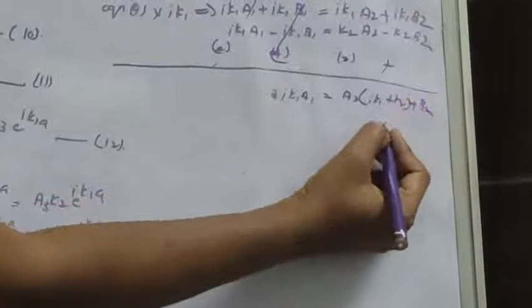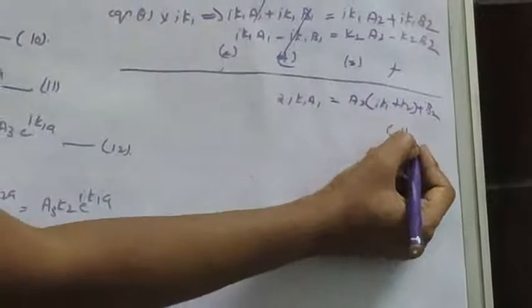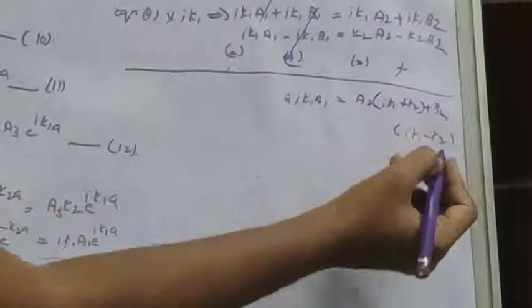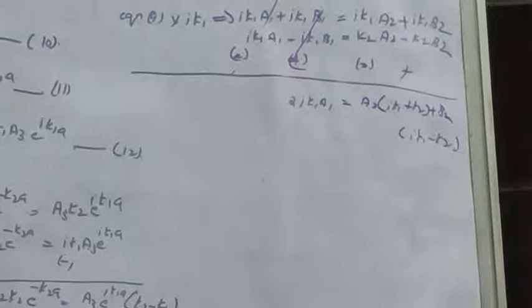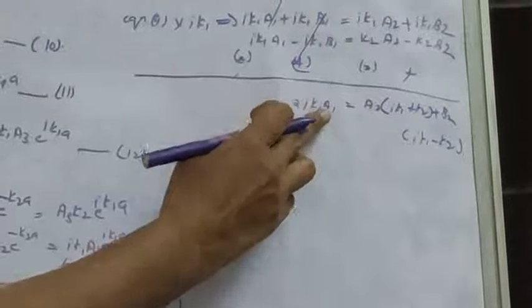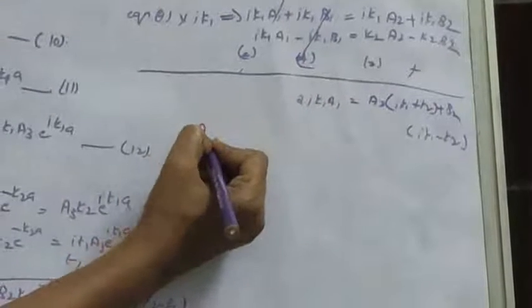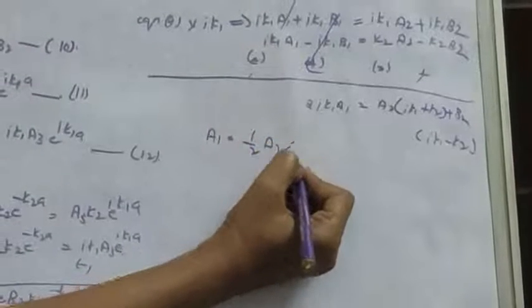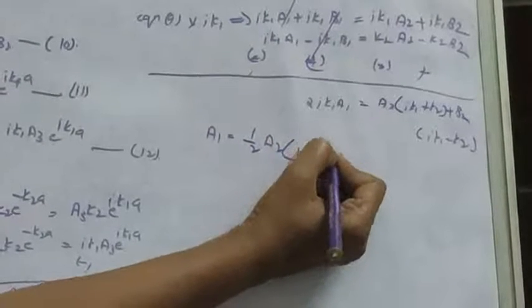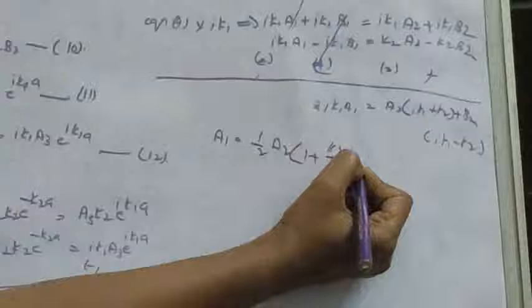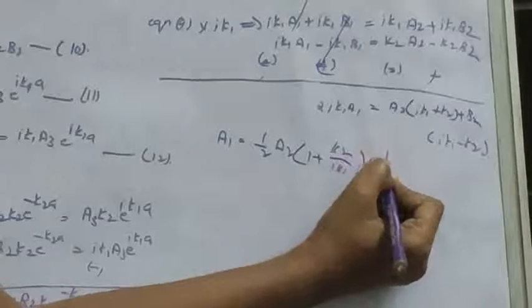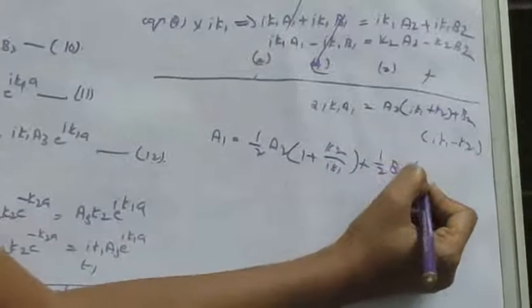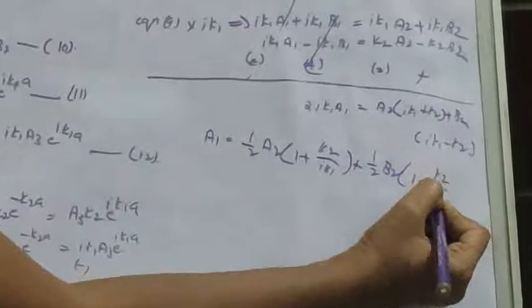If you take B2 as common, what you will get? ik1 minus k2. Now from this, can you find the value of A1? Yes, we can find. So A1 is equal to 1 by 2 A2 of 1 plus k2 by ik1 plus 1 by 2 B2 of 1 minus k2 by ik1.